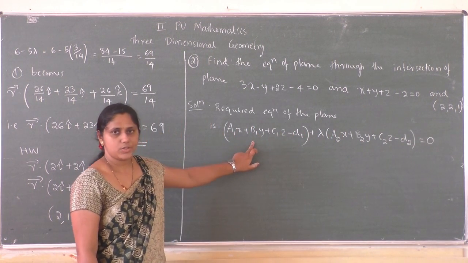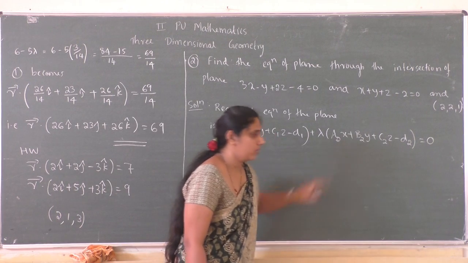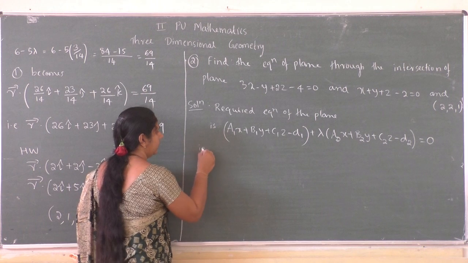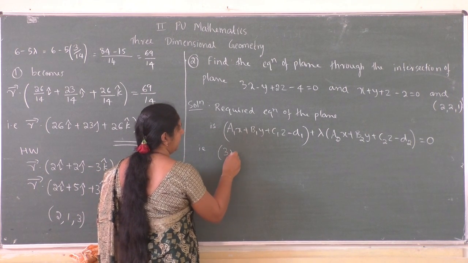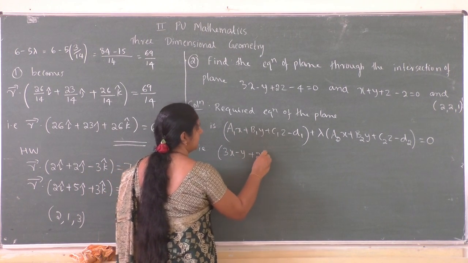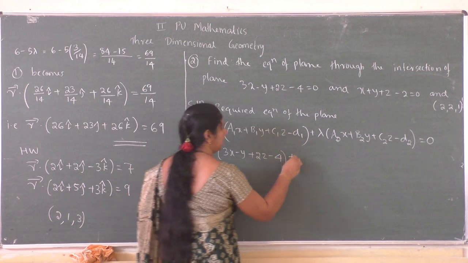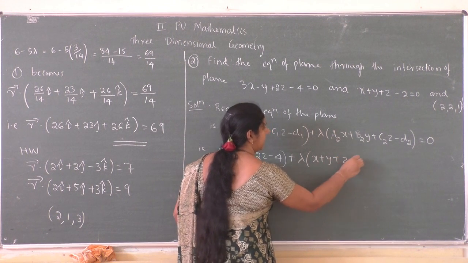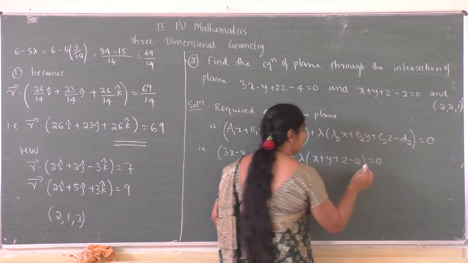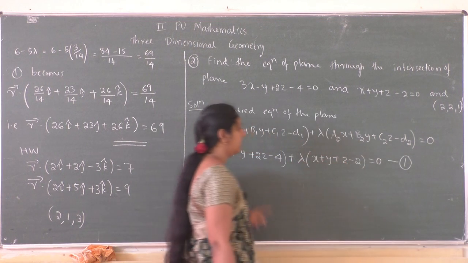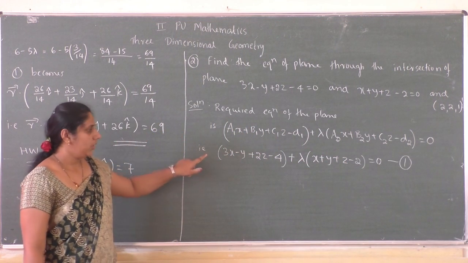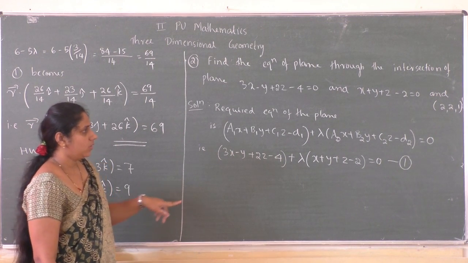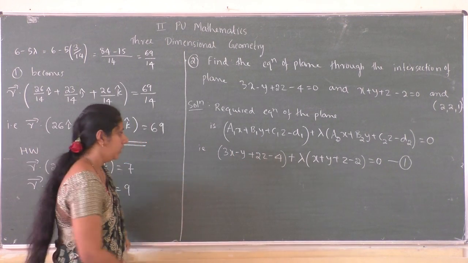So here it is the equation of the first plane and it is the equation of the second plane. Already the equation is given. So the equation will be of the form 3x minus y plus 2z minus 4 plus lambda times x plus y plus z minus 2 is equal to 0. Take this as equation 1. So this is the equation of the required plane, but already they gave that this plane is passing through the point 2, 2, 1. So in the place of x, y, z you can substitute the value.